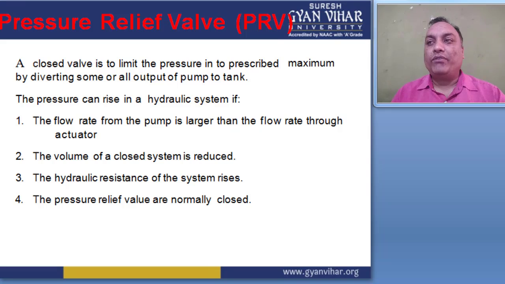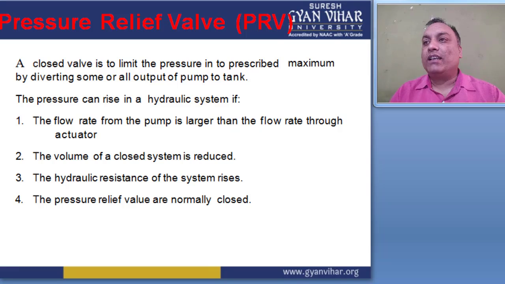The pressure relief valve, or relief valve, is a type of safety valve used to control or limit the pressure in a system. System means the hydraulic system, right? The pressure might otherwise build up and create a process upset, an instrument or equipment failure, or fire.